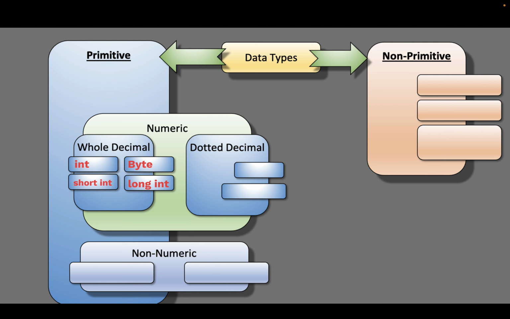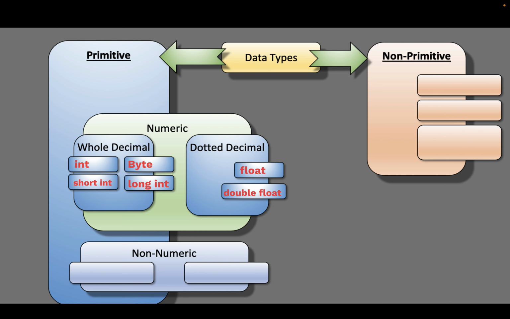And then we have dotted decimal. This means that we have a decimal system that we're going to be utilizing, and typically that is referred to as a float, or a double float in some other programming languages, to have the value be larger.